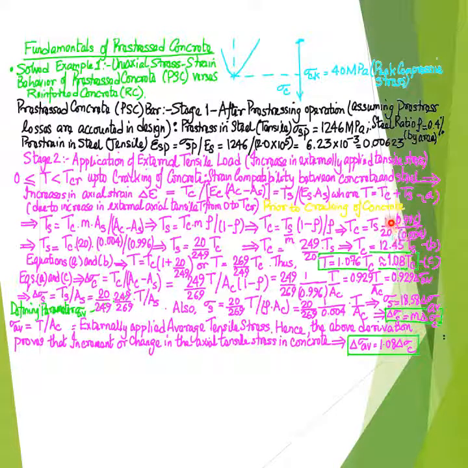Substituting the values of the modular ratio M and the steel area ratio rho into the relationship between the share of the externally applied tensile force resisted by the concrete TC, and the share resisted by the pre-stressing steel TS may be calculated as equation number B.